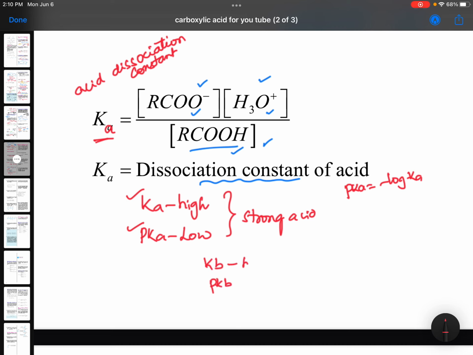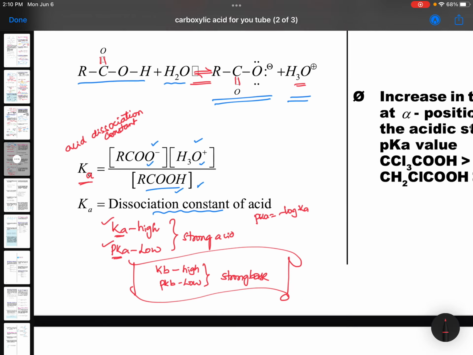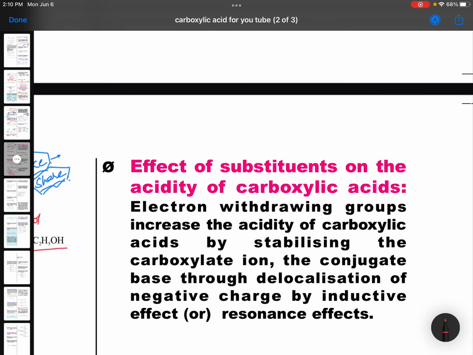Kb is high, pKb is low, that is a strong base. Not required here, I am just giving you a point of ionic equilibrium. Ka high, pKa low, strong acid. Reverse, if Ka is low, pKa is high, weak acid. So that point you can remember.